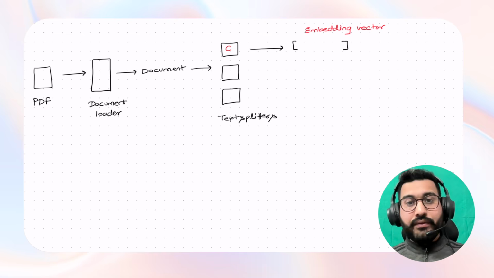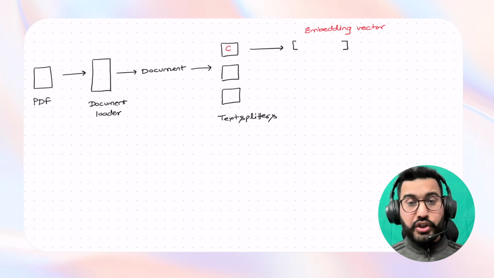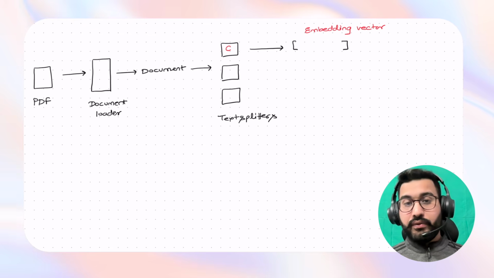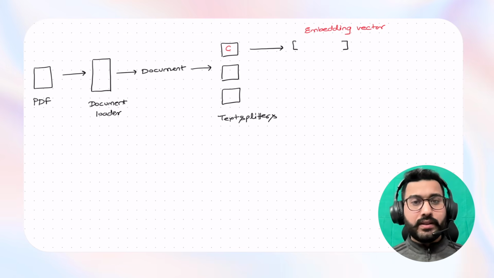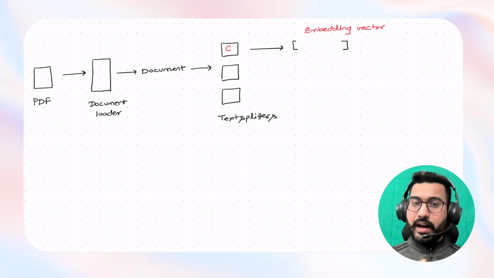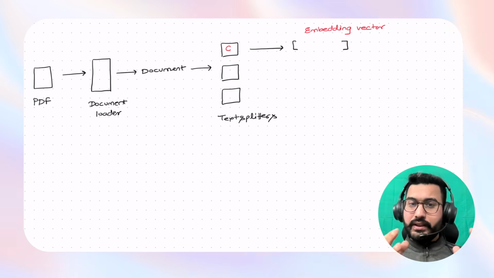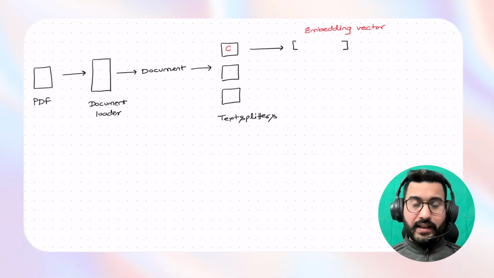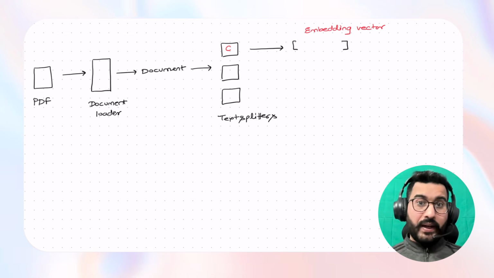The reason we are doing this is to facilitate the process of similarity search, retrieval, and even recommendation. All these processes can be facilitated when you have represented this chunk, which is a group of text, as representative numbers, which are known as embedding vectors.